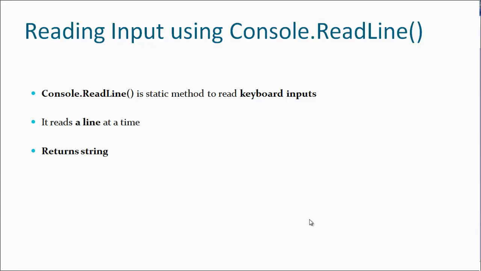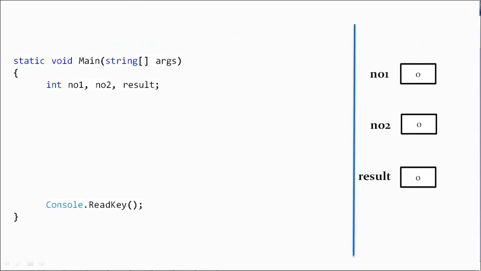Let us use a simple example to demonstrate the use of Console.ReadLine. In this example, we will accept two numbers from the user in variables number1 and number2 and add them to result. So let us first declare the variables. Then we want to prompt the user to enter the first number. This can be done by using the Console.Write method.